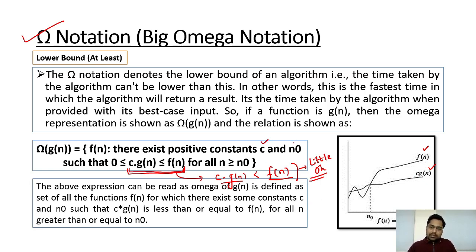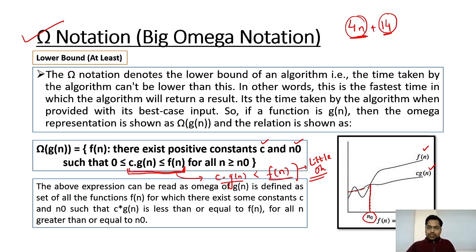Up to this n naught, there might be variability in f of n. Sometimes you can see 14 on this side and 4n on this side. In this case, we are choosing n as our maximum time complexity.